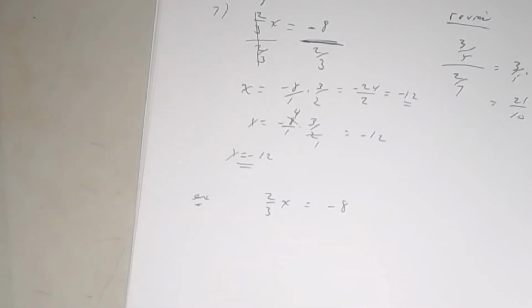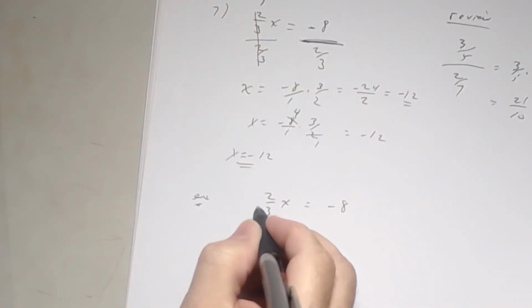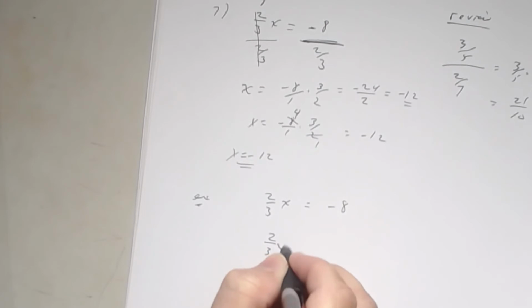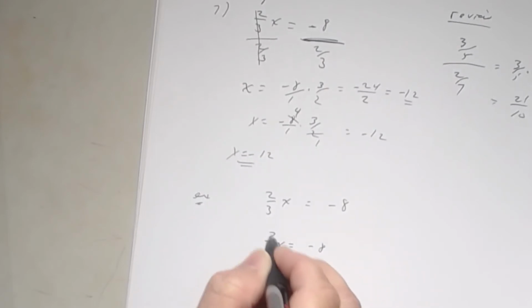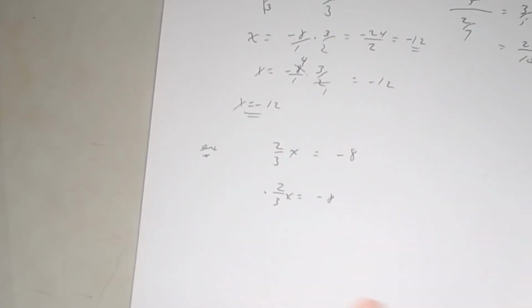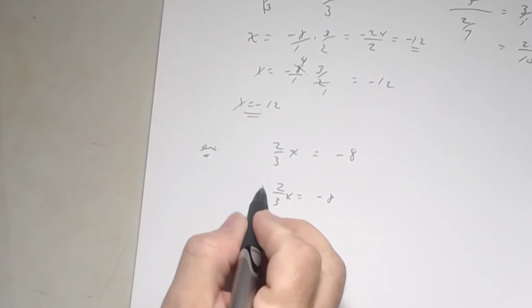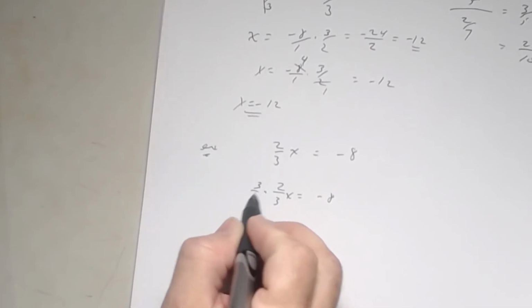Remember, reciprocals are multiplicative inverses. If I multiply two numbers that are multiplicative inverses of each other, the product is 1. That was one of the things you had to turn in. So I'm going to rewrite this over here. If I want this to be a 1, I have to multiply by what fraction? Not 2/3, but 3/2, the reciprocal.